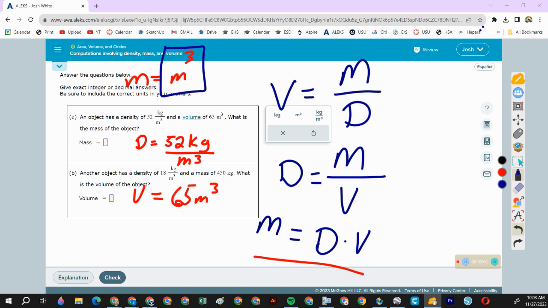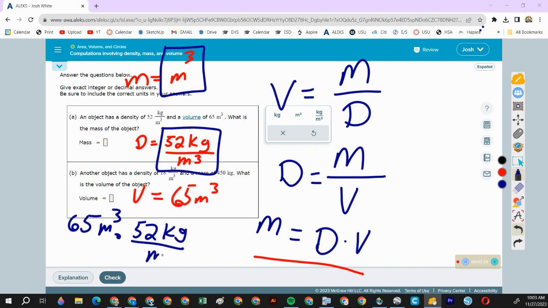So I need volume on top. So 65 meters cubed, and then I'm going to times that by this value, but I need the meters cubed to cancel. So if I times this by 52 kilograms for every cubic meter, will meters cubed cancel? Yes. So this cancels that.